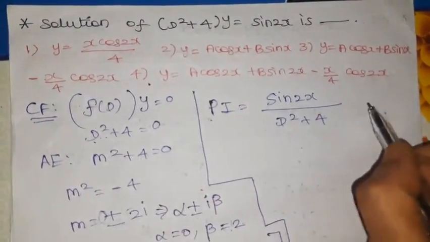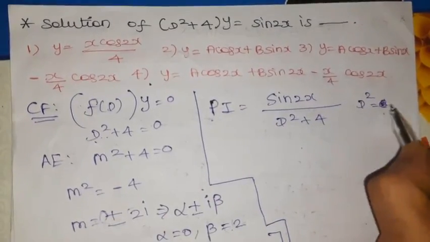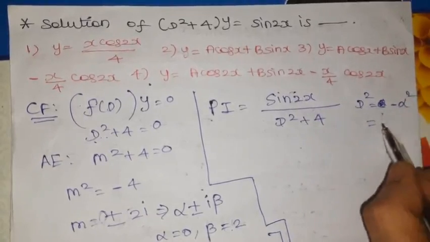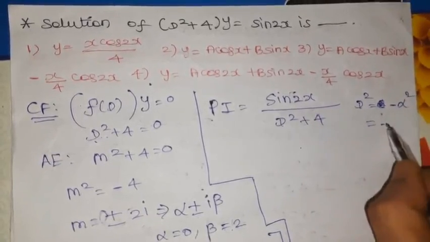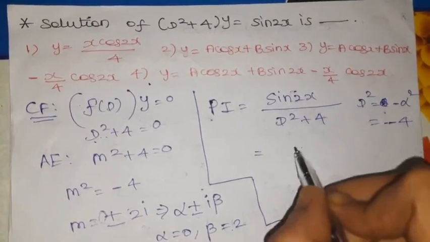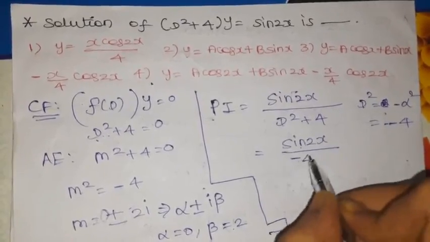For sine function just replace D squared equal to minus alpha squared. What is alpha here? 2 squared, so minus 4. So D squared equal to minus 4.